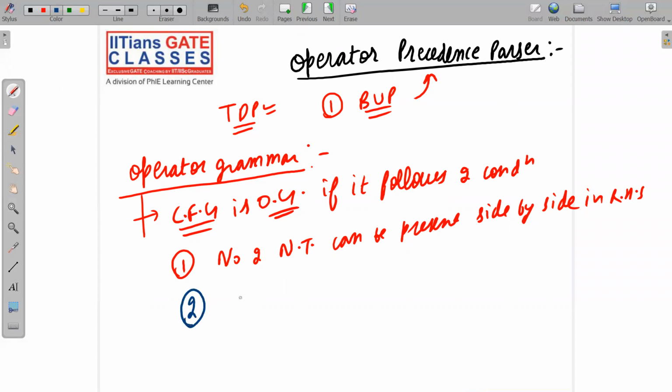And the second is that there should be no null productions. So we have only two rules to keep in mind. The first rule is that in the RHS, no two non-terminals can be present side by side. And the second is that there should be no null productions. Let me give you some examples; you will get more clarity. Please note it down. I will jump to the next slide now.